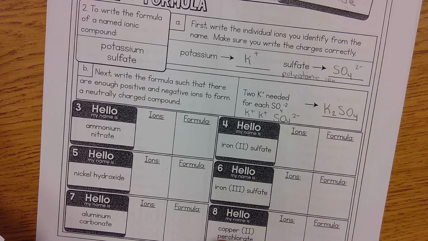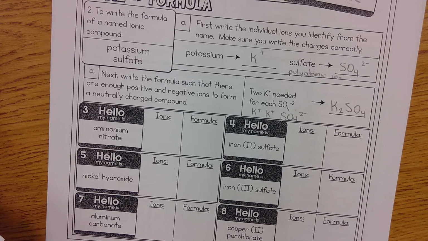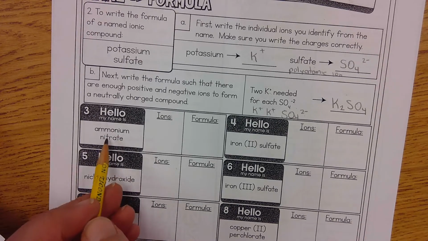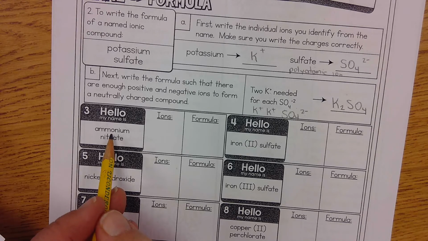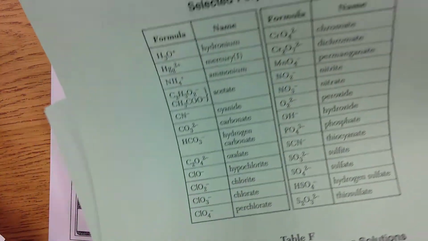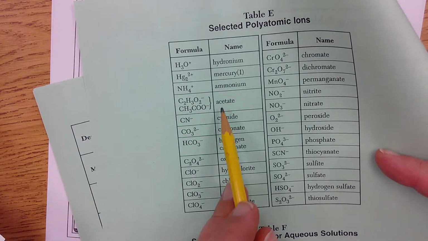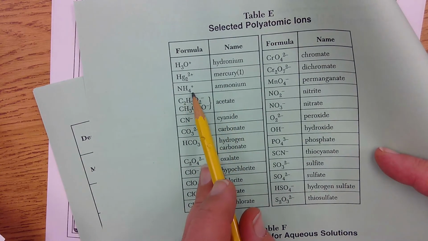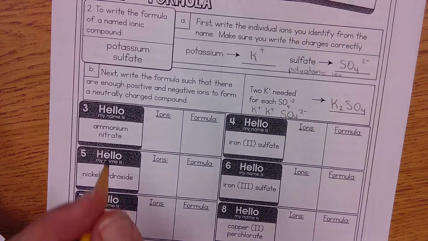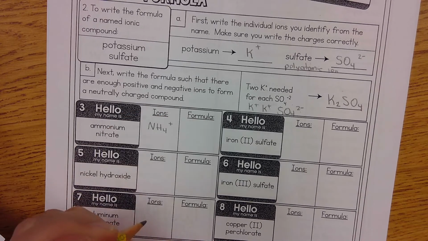Okay? Let's try a couple more examples, then I'll let you do some of them on your own. So here we have ammonium nitrate. You can look all over the periodic table, you will not find ammonium. It is another one of our polyatomic ions that we have to look on the chart for. So we see it right here, ammonium, NH4 plus. So we're going to write down NH4 with a +1 charge.